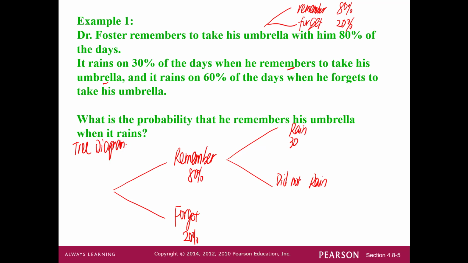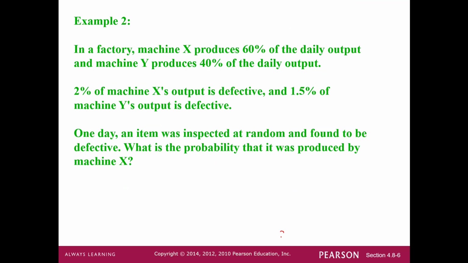So 30% of days it rains, 70% of days it does not rain. Again, these two are complement events. And when he forgets his umbrella, it rains 60% of the time. On the other branch, 40% of the time it does not rain.